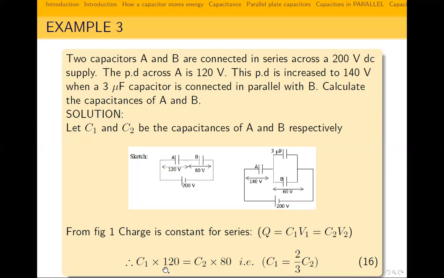So you'll say C1 times 120, that is the charge across A. Then you have C2 times 80, that is charge stored in B. So from this, you simplify it, and you'll end up with C1 is 2 over 3 C2. So that becomes your equation number 16, and you keep it aside.